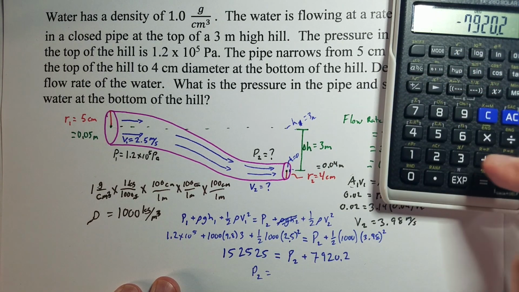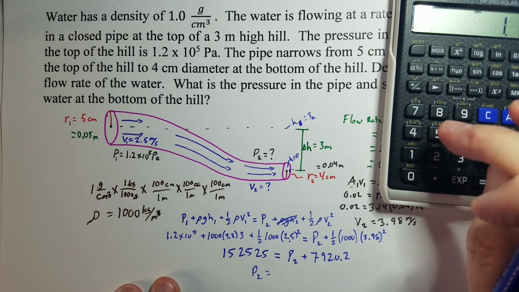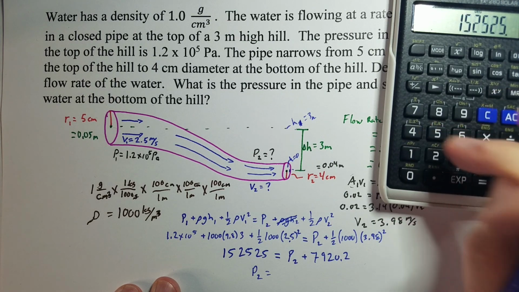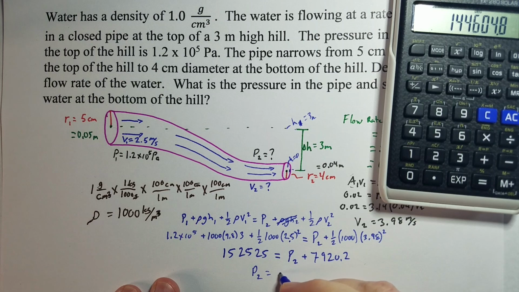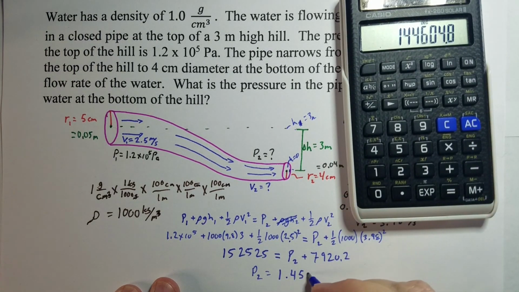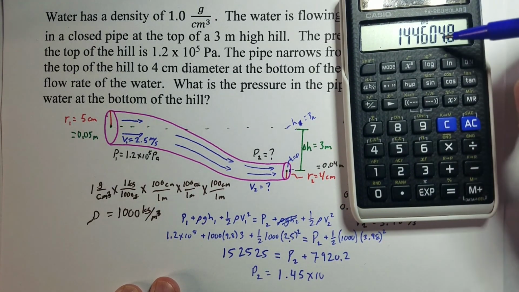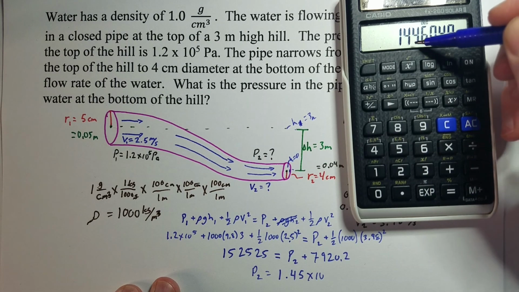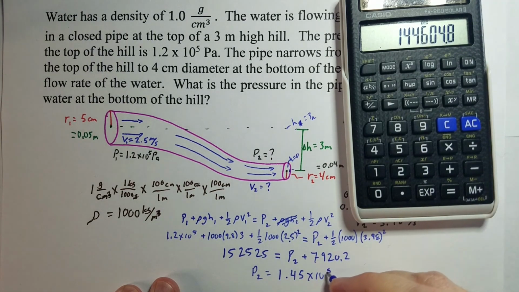So that gives me a pressure of 1.4, let's call it 1.5 because it's going to round up from my answer that I got here, times 10 to the 5th pascals.